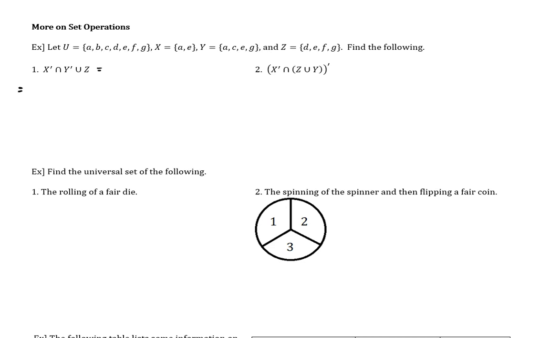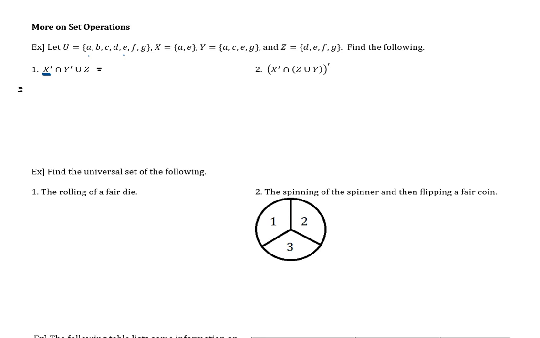All right, so in this scenario, let me put the equals down here. I want to break down all of these parts. So let's do the not x. That means x has A and E in it, so I want all of the elements in U that are not A and E. So I don't want that one and I don't want that one.